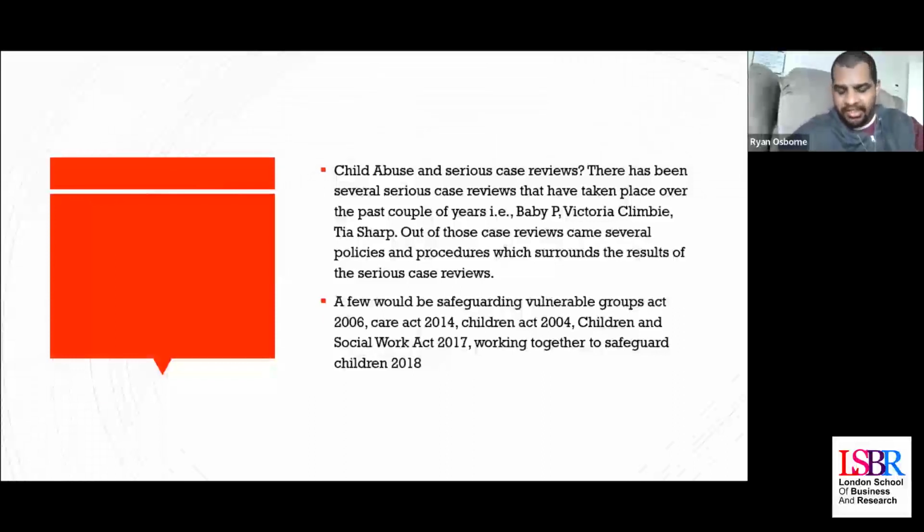Then you've got the Care Act 2014. The whole reason for the Care Act 2014 is that it was brought in to reform the law, which helps to improve people's independence and their well-being as well, and it really brought together a new aspect of providing care and support for adults.